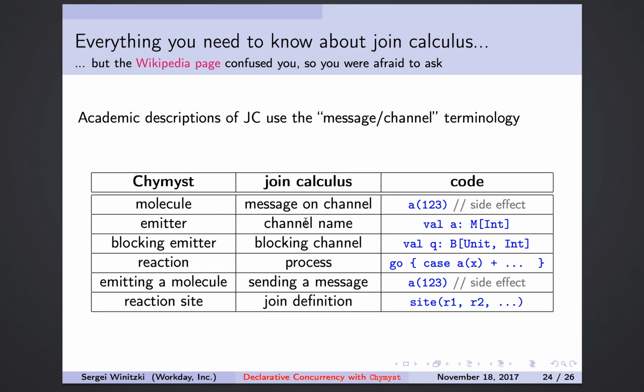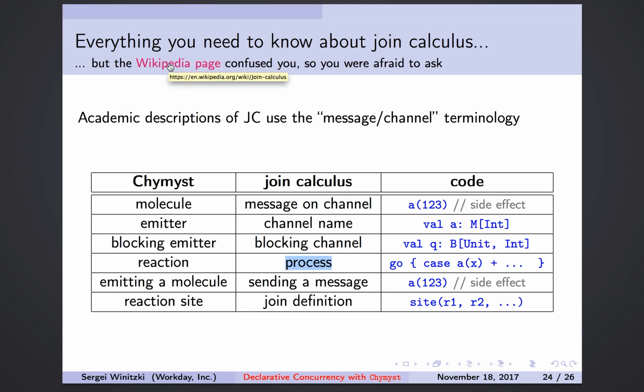I found those names confusing. I don't like this terminology, but if you read academic papers on join calculus, that's the terminology they use. I use terminology of the chemical metaphor, and this is the code that corresponds in Chymyst to these notions.